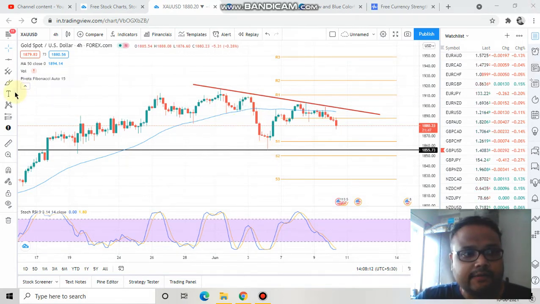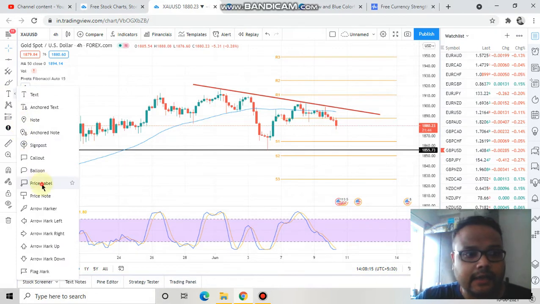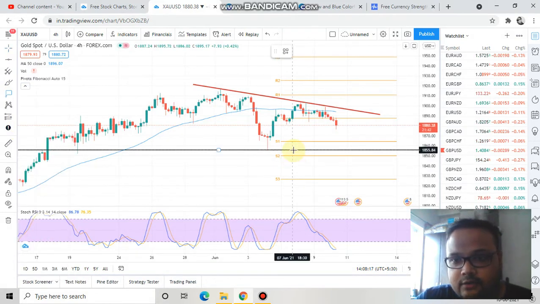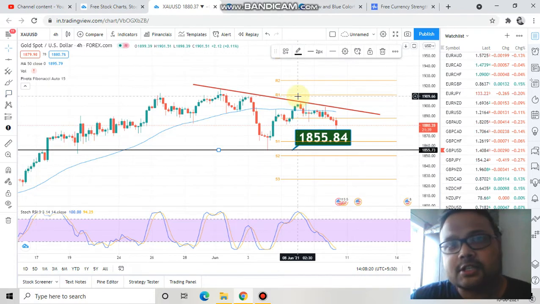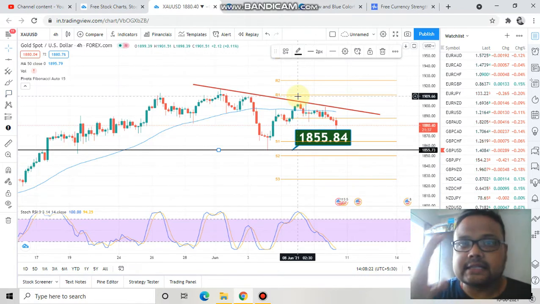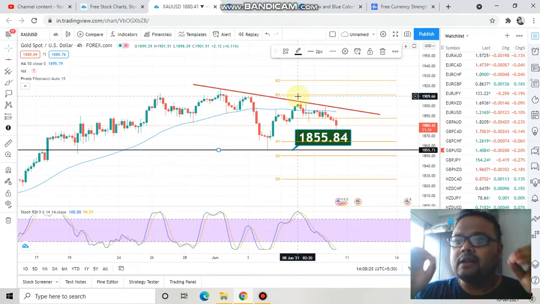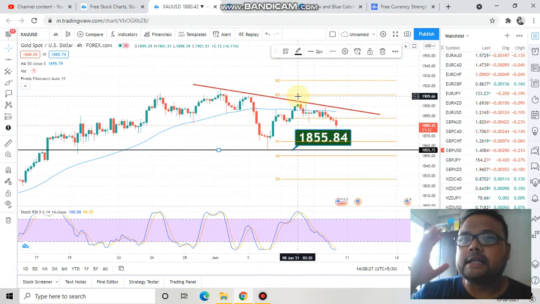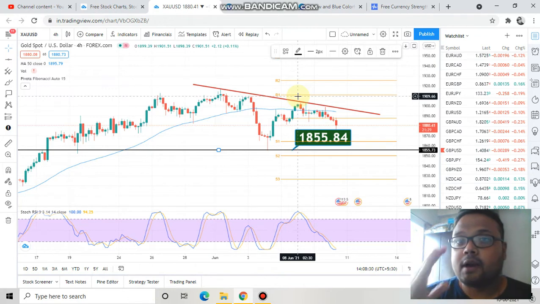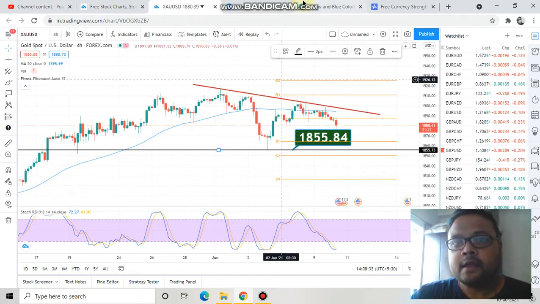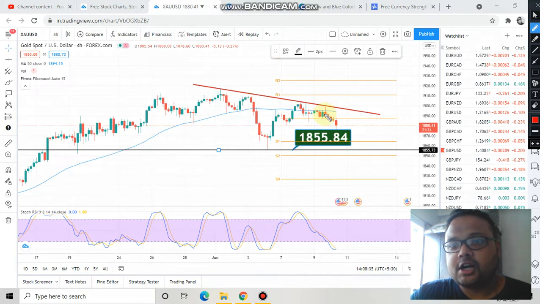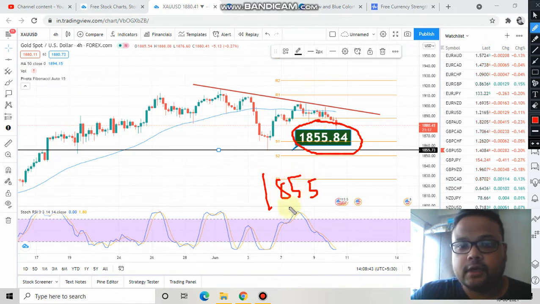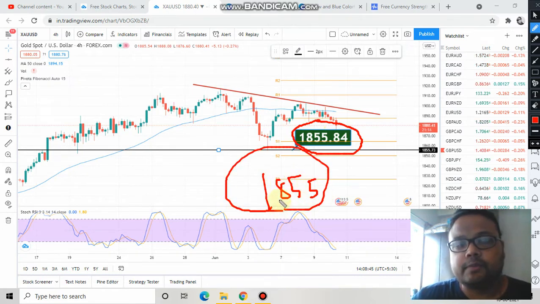Therefore, this level is extremely important, and if the market comes down to this price level, there is a good possibility that it will provide the required support and the market will bounce from here. In gold USD's chart, this is the most crucial level for us right now, 1855.